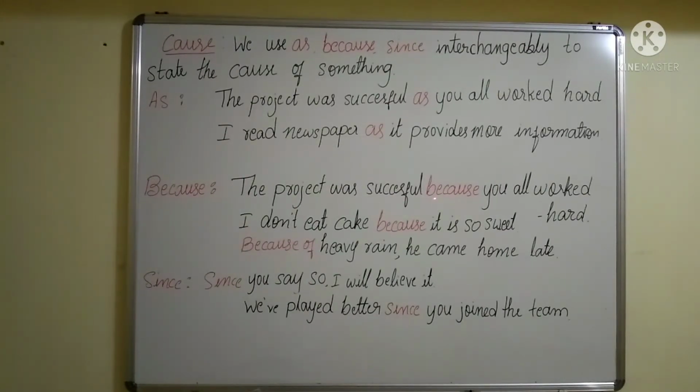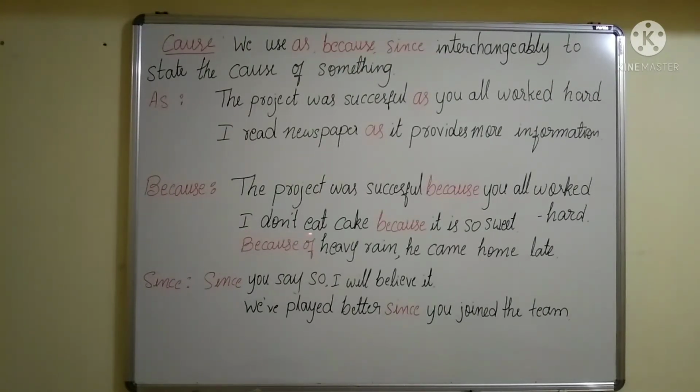How? Because you all worked hard. This is the cause and this is the effect. I did not use any comma here because the sentence started with an independent clause.